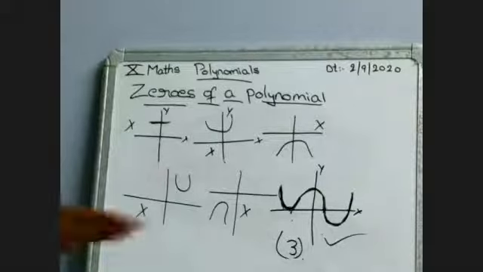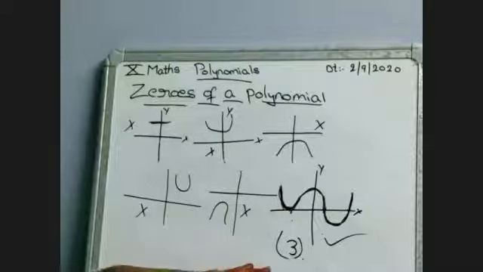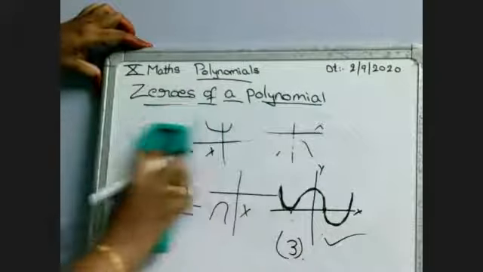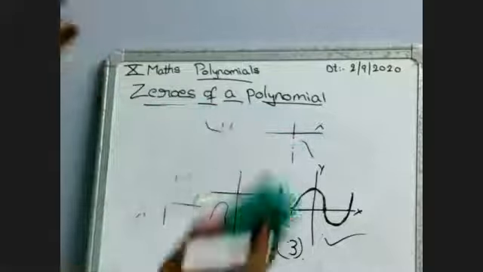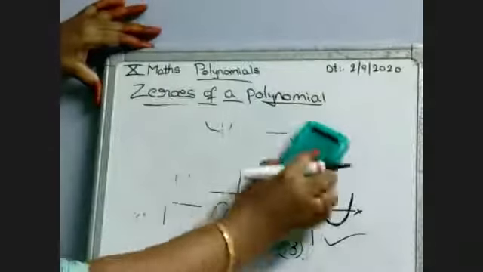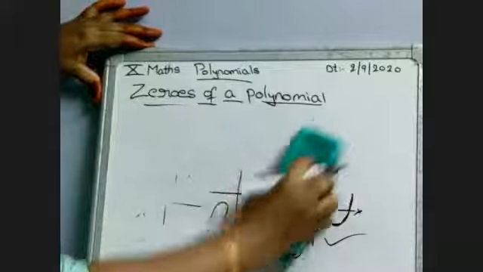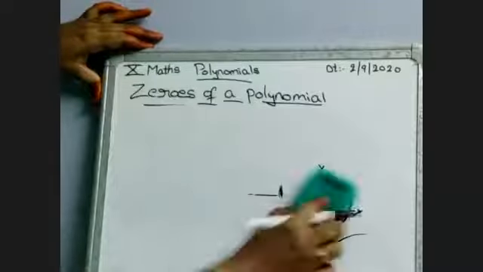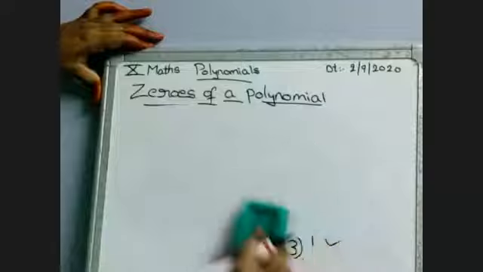I think all of you got clarity. We'll see some more examples. Just keep one thing in mind: the line or the curve which is cutting the x-axis. If you take a linear equation, just one line will come for you.